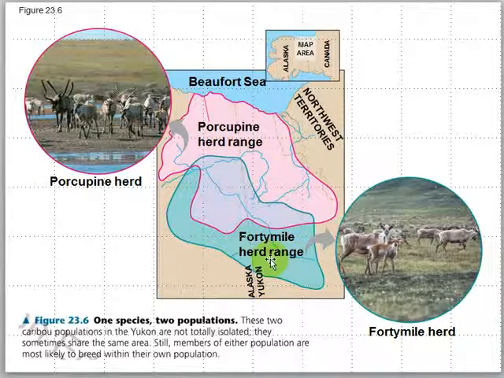Caribou tend to range as the season changes and they migrate from one place to another, so at times they may overlap, but generally speaking the pink porcupine herd group tends to breed with each other, and the 40-mile herd range group, the bluish group, tend to breed with each other. So we would still consider them two separate or distinct populations.